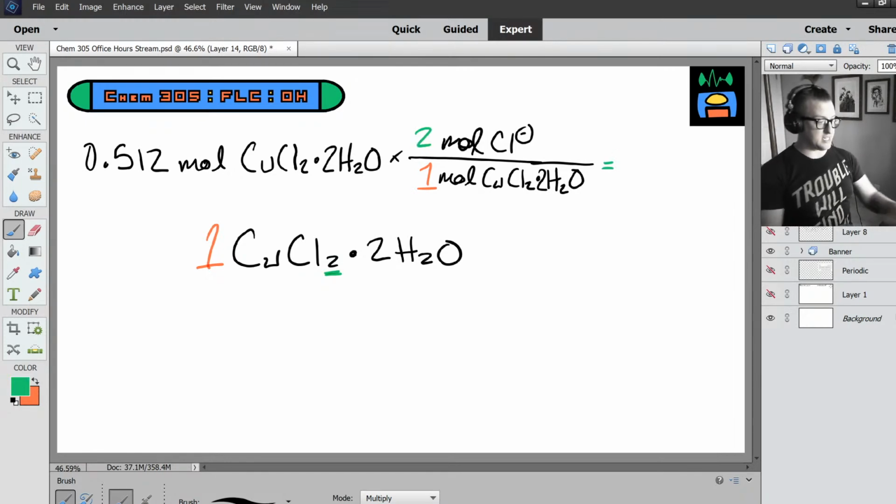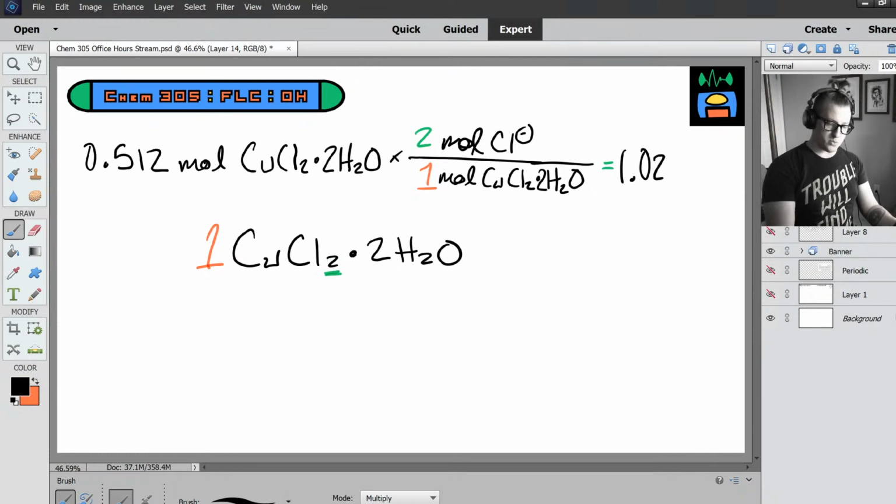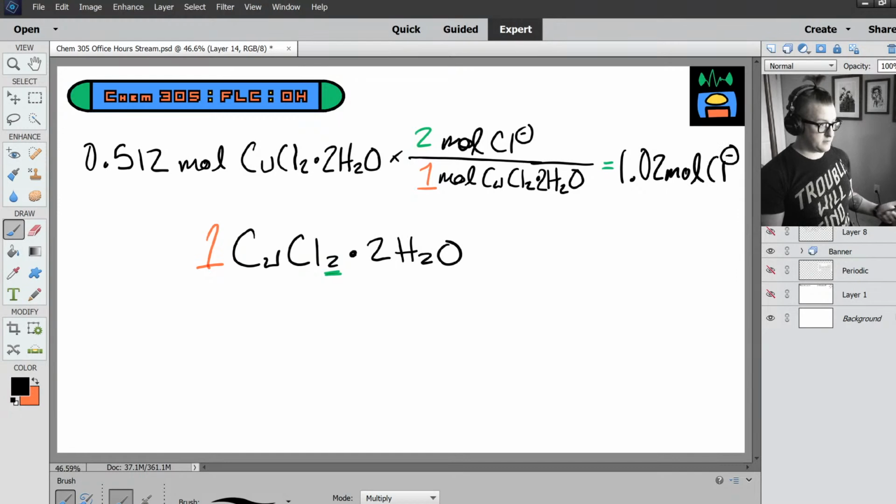Here we need to double our quantity of moles. So this would be, rounded to 3 sig figs, 1.02 moles of chloride ions.